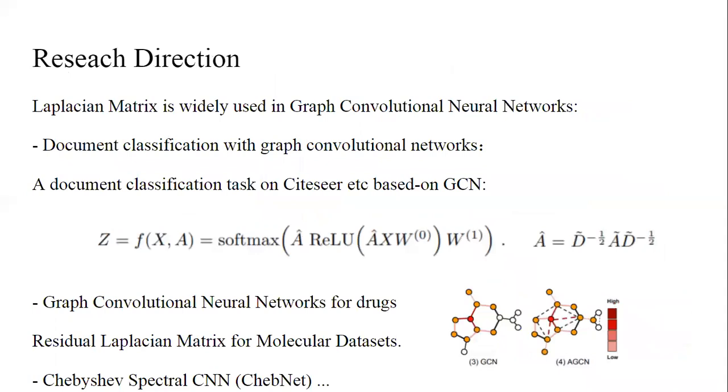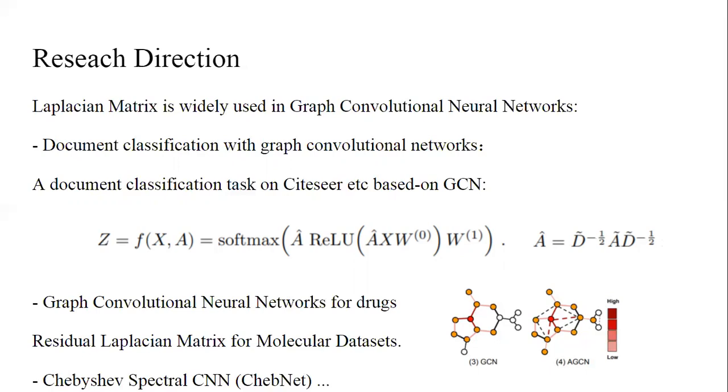Regarding the insight of research, there are mainly two promising and popular directions which we need to explore next. First, it is widely used in graph convolutional neural networks because it is a key step for approximation of graph convolution. Here are three works about the Laplacian matrix in GCN.